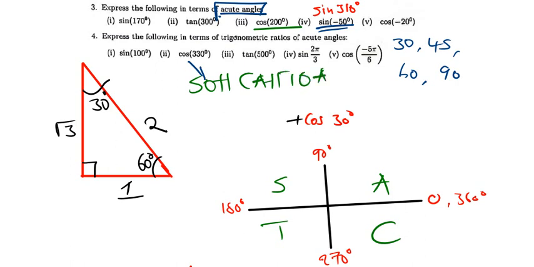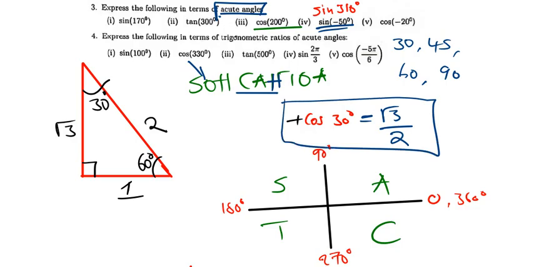For the cosine part, cosine is equal to the adjacent side to the angle 30, which is root 3, over the hypotenuse, which is 2. So that is the ratio, positive root 3 over 2. If the acute angle was negative cosine 30, the answer was also going to be negative root 3 over 2.